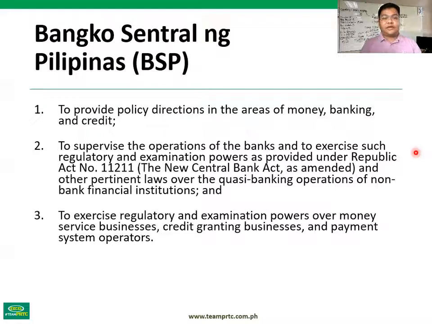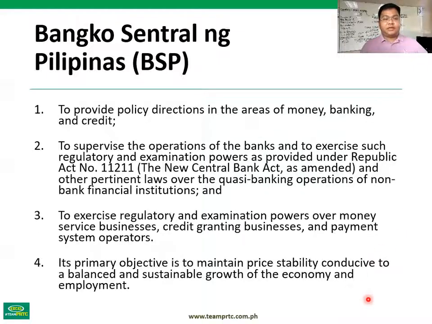And the next, they also exercise regulatory and examination powers over money service businesses, credit granting businesses, and payment system operators. So even if not considered as banking institutions, so long as those entities touch the area of finance, usually, then BSP would have jurisdiction over them.